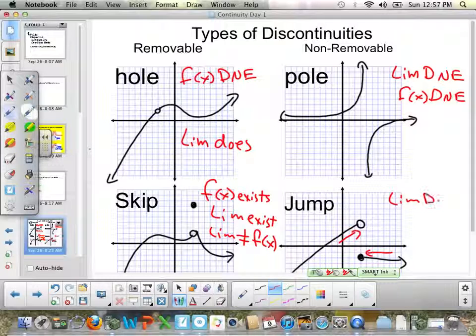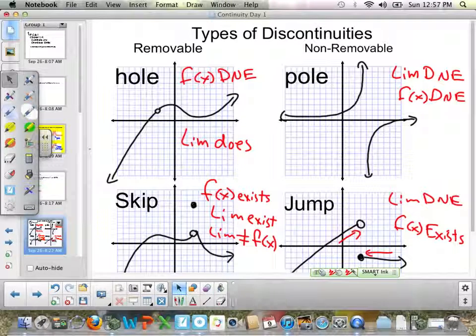So the limit does not exist, but the function does. All right. So for both of these non-removable, you can see the limit does not exist. So we kind of break them into two categories, removable or non-removable, based on whether or not the limit exists.